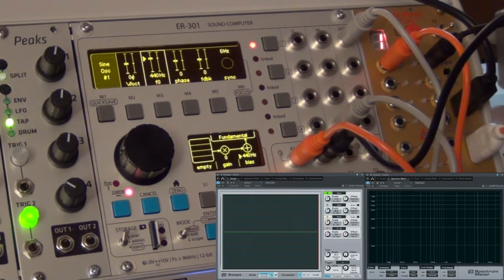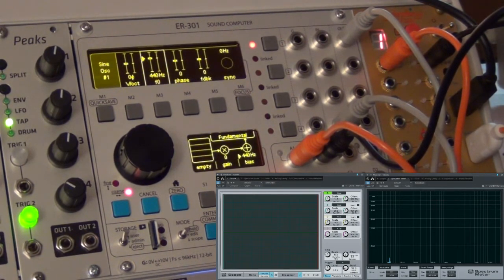The way you set those up differently is that with ring mod, we're modulating with both a positive and a negative signal, and with amplitude modulation, we're only going to do positives. So let's take a look at that. We're back here on track 1, which was just the sine wave being ring modulated.